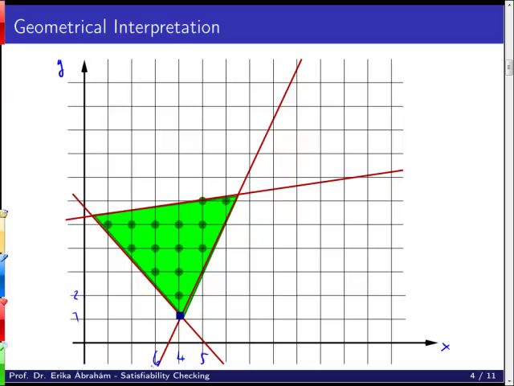So we have here a blue value which is not integer. I search for one dimension in which the solution is not integer valued. And I know that everything in between are real valued solutions in the y dimension, and there are no integer solutions in it. So there are integer points in the x dimension, but not in the y. So this whole set here I can exclude.